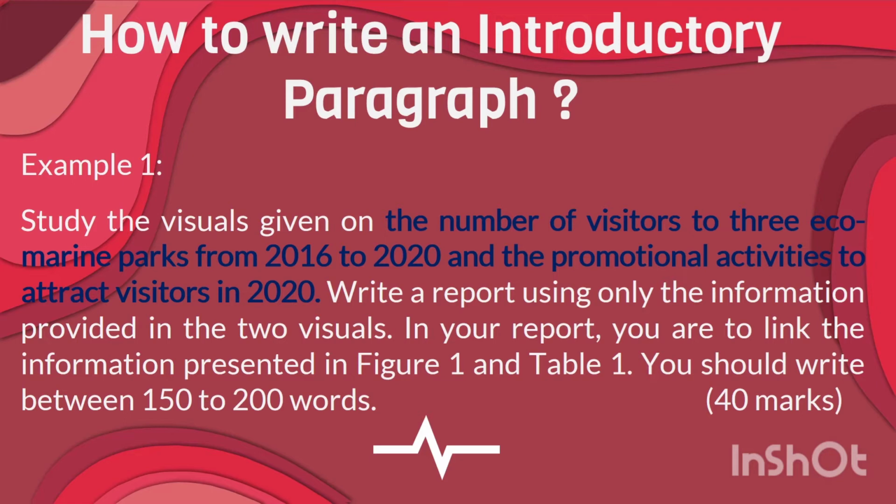Write a report using only the information provided in the 2 visuals. In your report, you are to link the information presented in figure 1 and table 1. You should write between 150 to 200 words. This is the question. Usually this is the type of question tested in Muet 800/4 question 1.